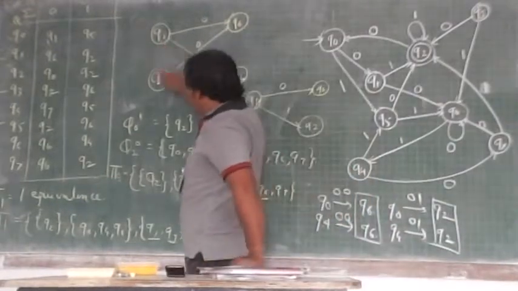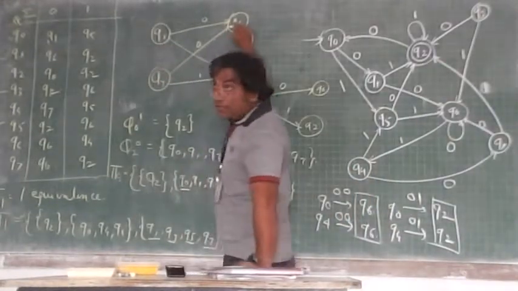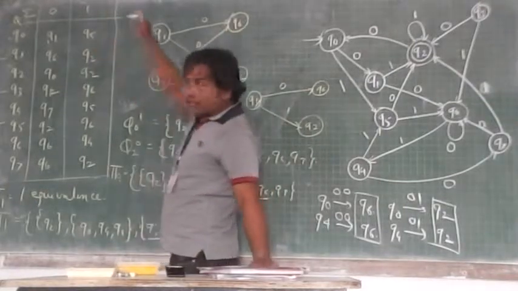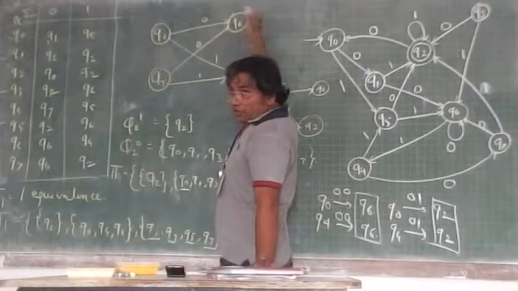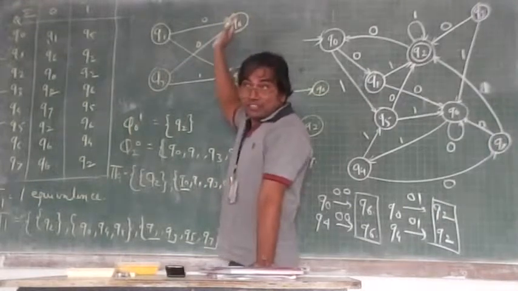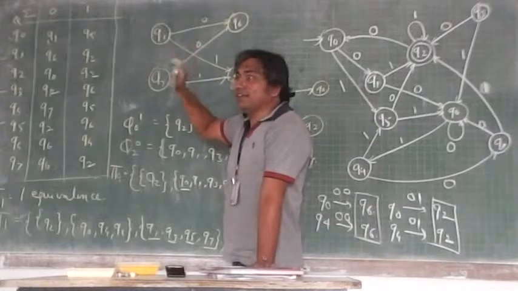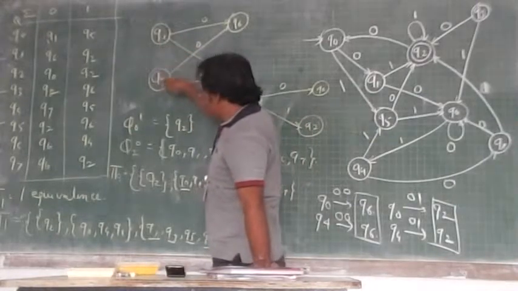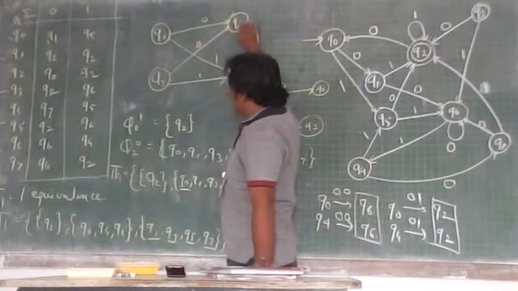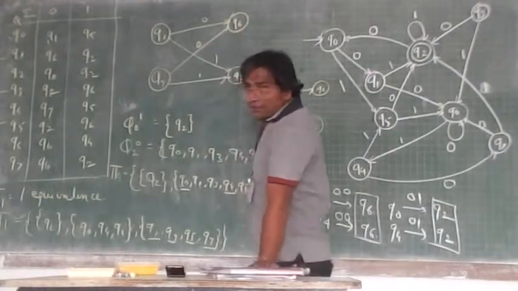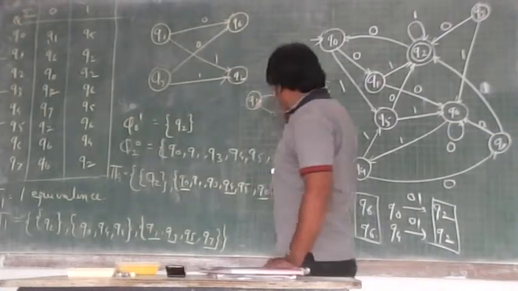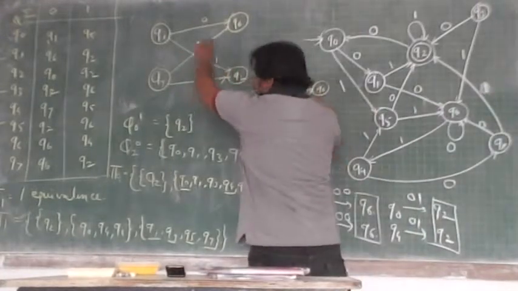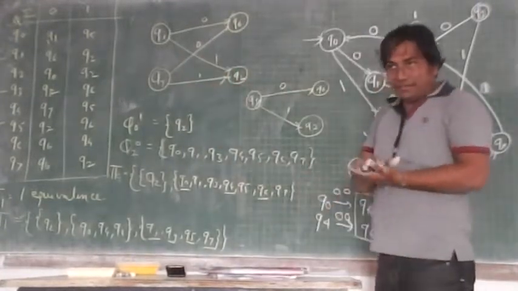From Q1 and Q7 for 0 I am going to a particular state which is non-final. Only the thing is, as per our definition, from two states you should not go to two different states, like one is non-final, another is final. In that case we cannot merge them. If I merge this kind of arrangement, these two diagrams are equivalent, isn't it?